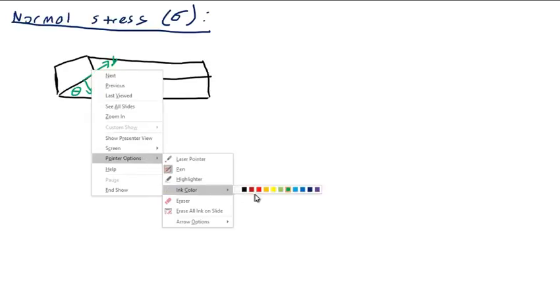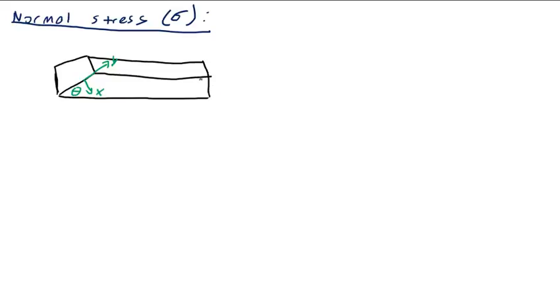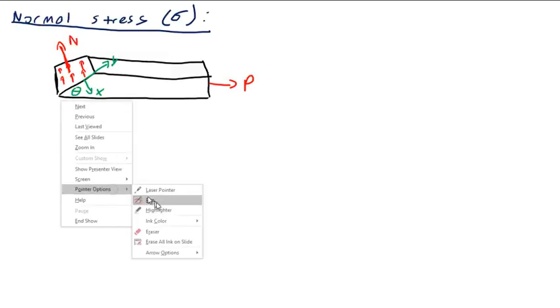And then I'm going to have a P here. And from here, I have a bunch of little stress arrows. All of these little pieces are little elements of force at each location along the beam. This is the stress distribution. And all of these together form the overall N, the overall normal force at that point.